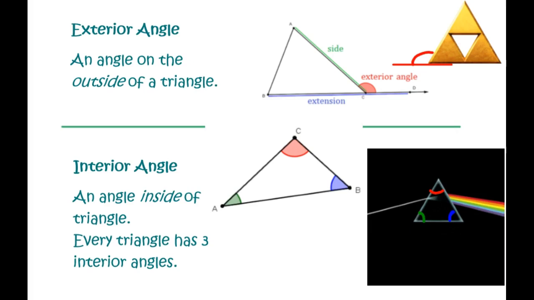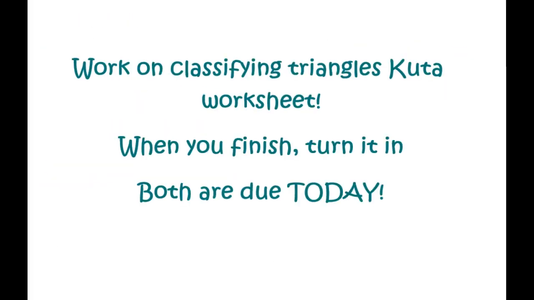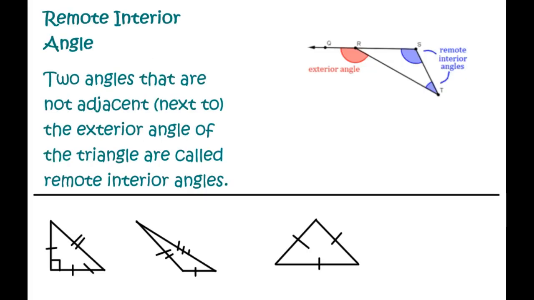Okay, so again, exterior angle is on the outside, interior angle is on the inside. And then we have our last definition, which will be remote. Alright, so remote interior angle.